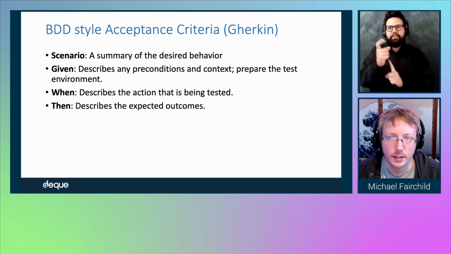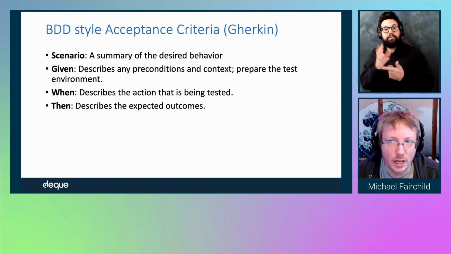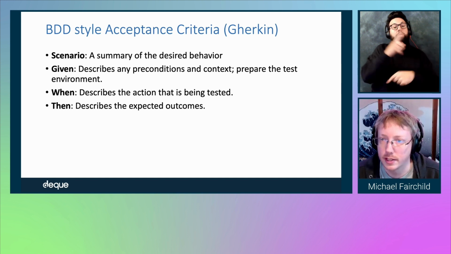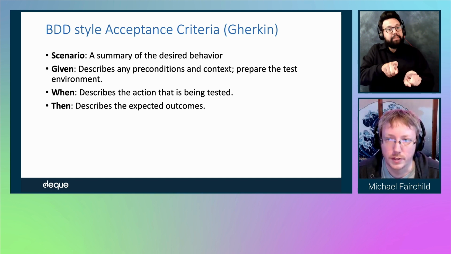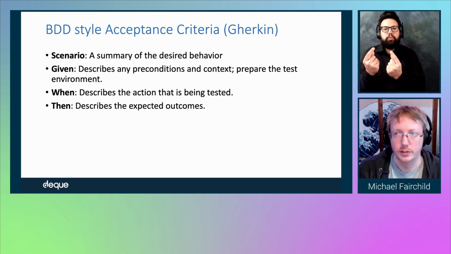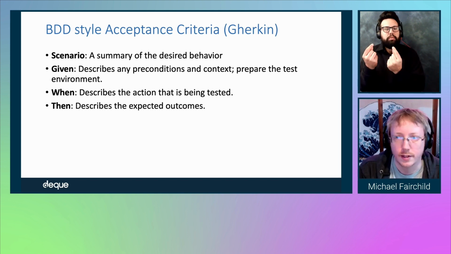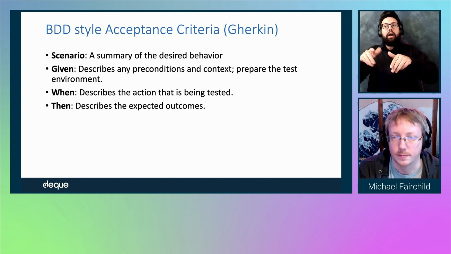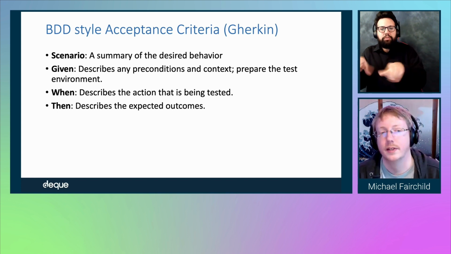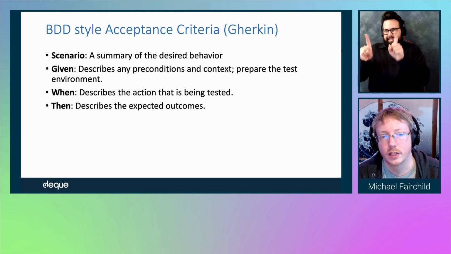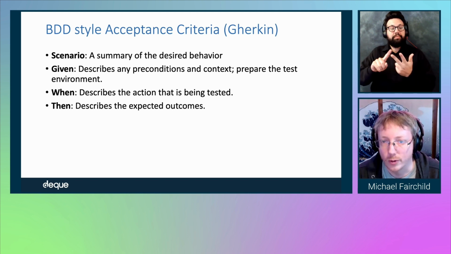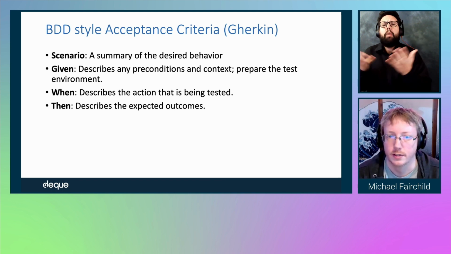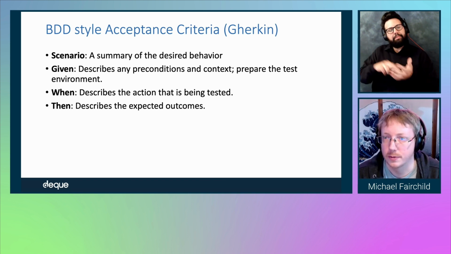The when step describes the action that is being tested. So once you have everything set up, this is what you need to do to trigger the test, the action that we're going to test. And then the then step describes the expected outcomes, what is expected to happen after we trigger the test in the when step, if that makes sense.